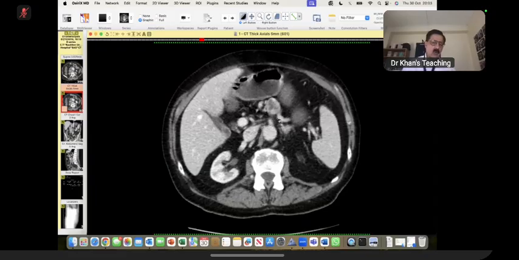Please remember, all of them have a potential for malignant degeneration. Insulinoma is the minimum, about 10%. Gastrinoma is about 60%. So you cannot just sit on it. And some of these are close to 100% as far as malignancy is concerned.